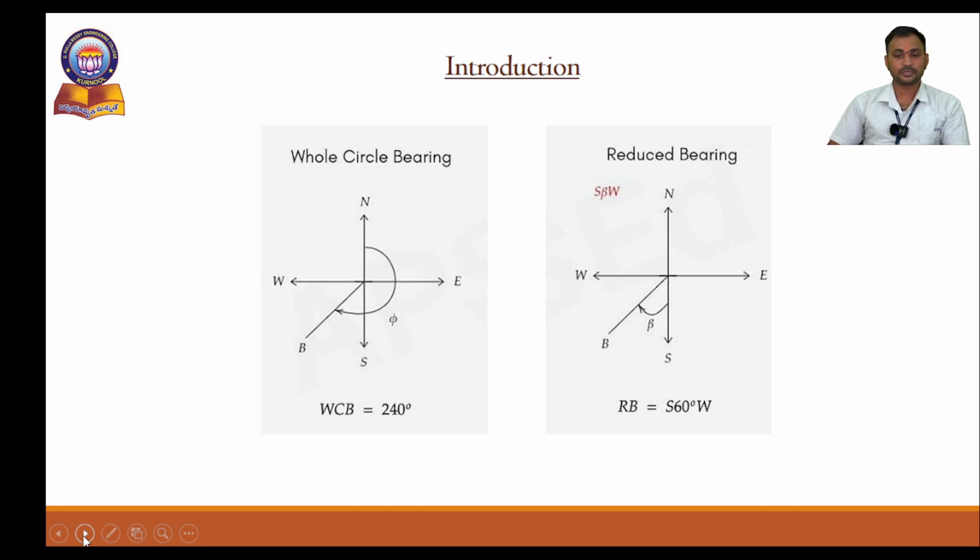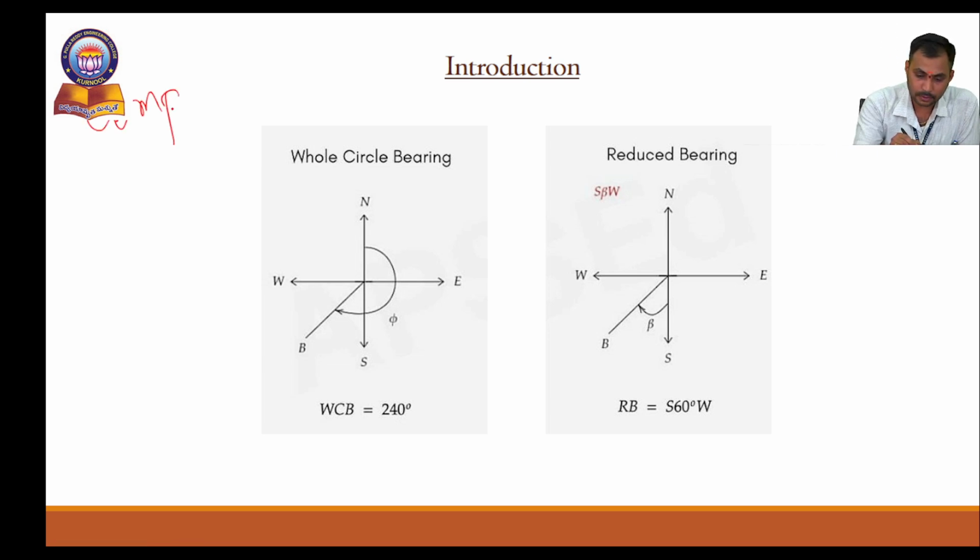Well, now we will start the introduction. In compass surveying, we determine the traversing components, whether it is a closed traverse or an open traverse. In compass surveying we have two types of instruments.